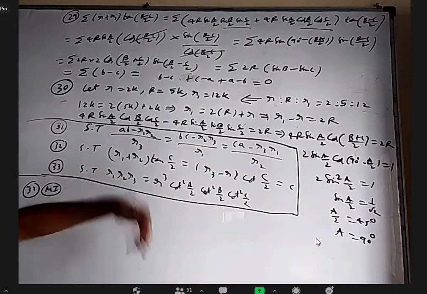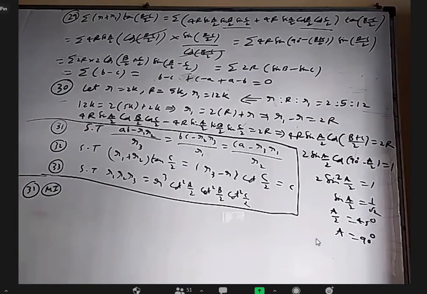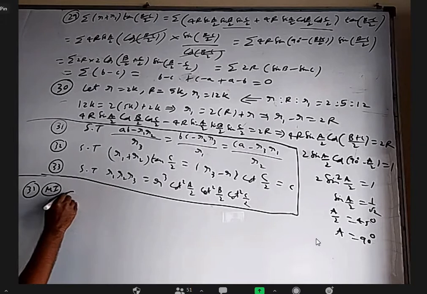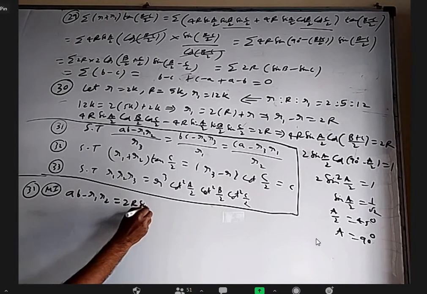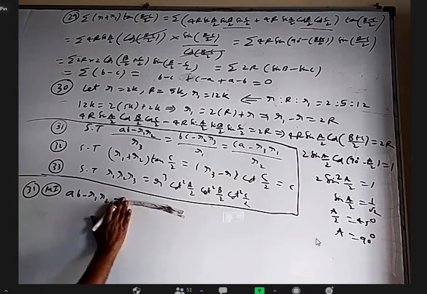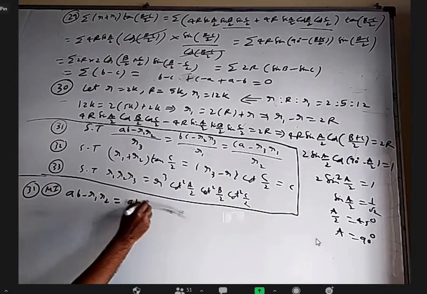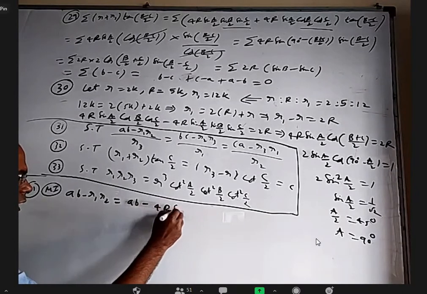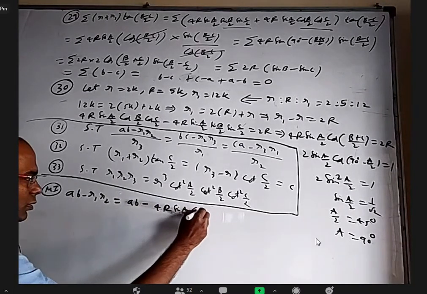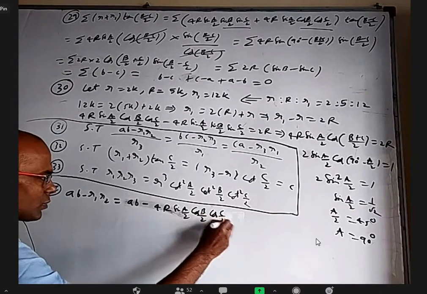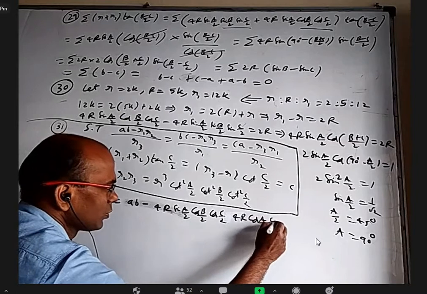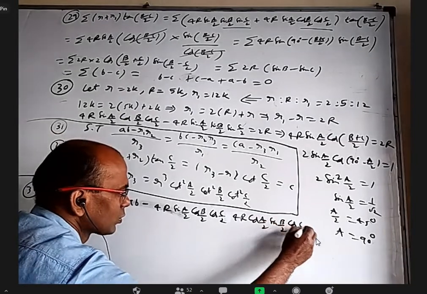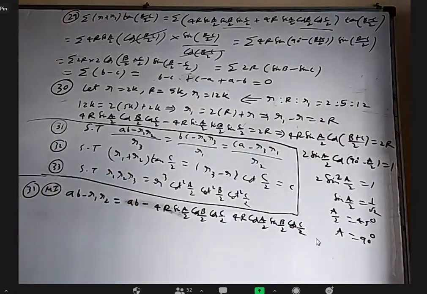Actually, after getting the answer, there is one more method I want to tell. But right now I want to do it in a way that is maybe a little bit lengthy. AB minus R1 R2. A I will write 2R sin A. B I will write later. R1 is 4 capital R sin A by 2 cos B by 2 cos C by 2. R2 is 4 capital R cos A by 2 sin B by 2 cos C by 2.